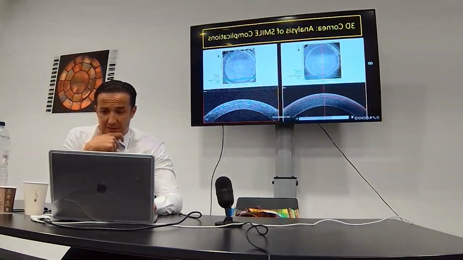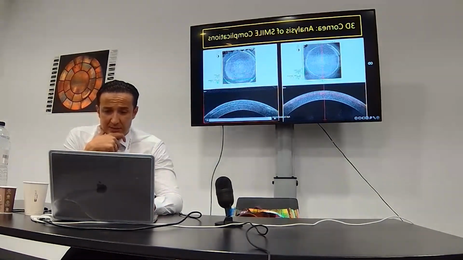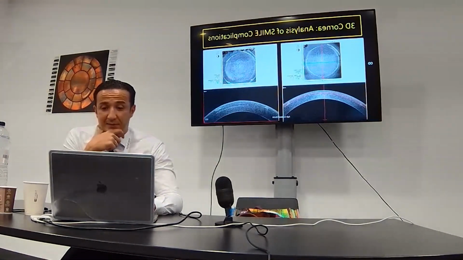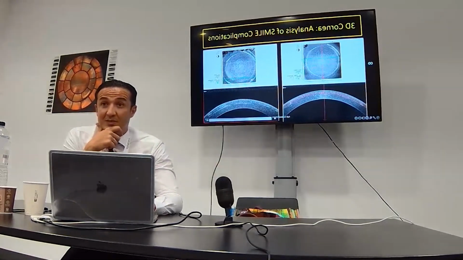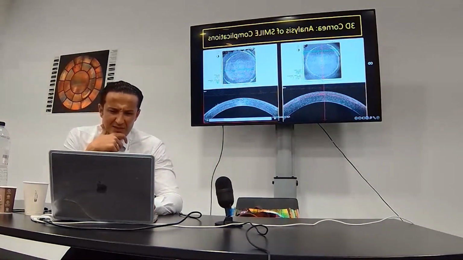This is an incision and the intrastromal cutting shape. And look here, there is a problem of docking, and still remains a piece of lenticule with a reflectivity in the interface.